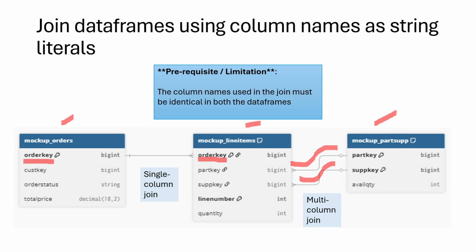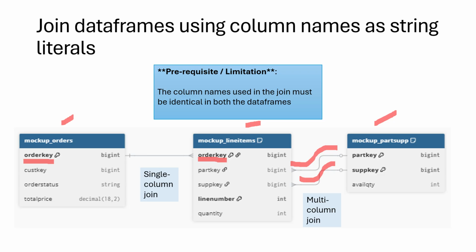The key takeaway from this particular slide is that using column names as string literals is an alternative approach to dot notation and column function to write join conditions. However, the string literals approach has a limitation, wherein the column names to be joined must be identical between the data frames.